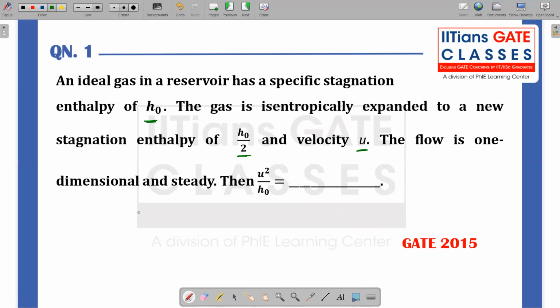The flow is one dimensional and steady, then the value of u square by H naught is equal to what? Technically, they shouldn't have given a stagnation enthalpy of H naught by 2 and velocity u, because when I say stagnation enthalpy, that means it is coming to rest. But it's okay to solve this problem.